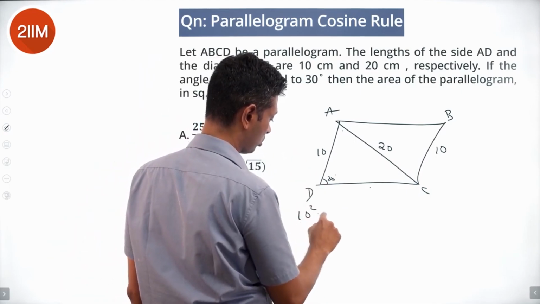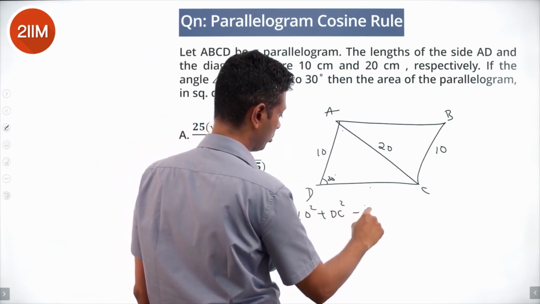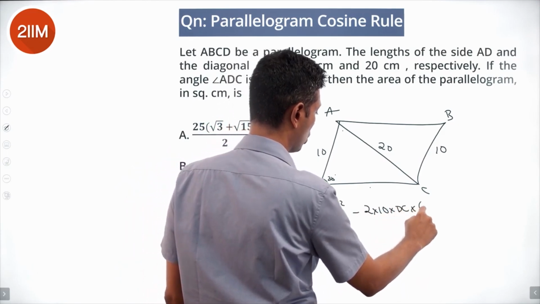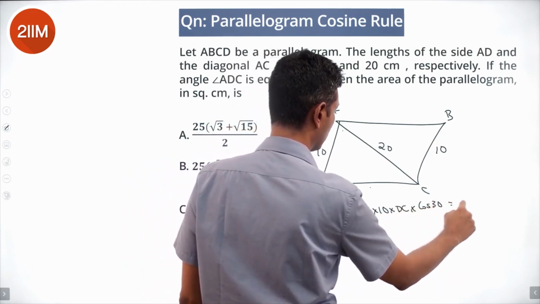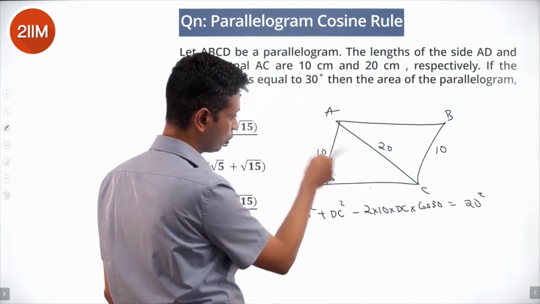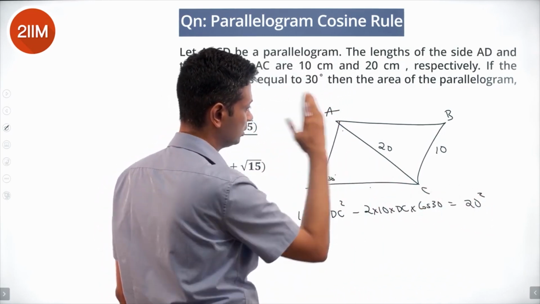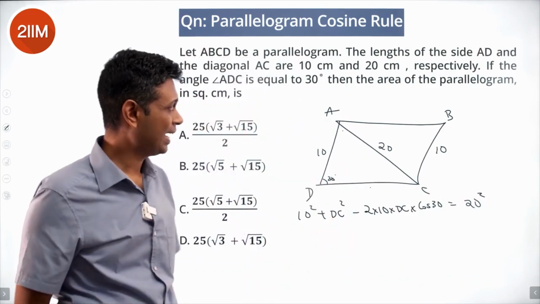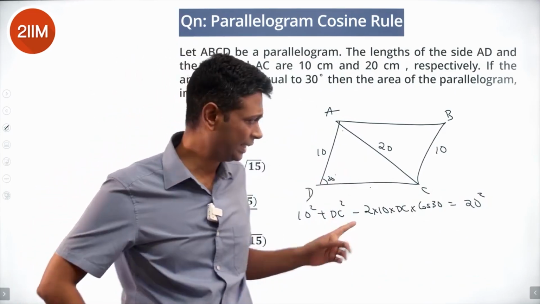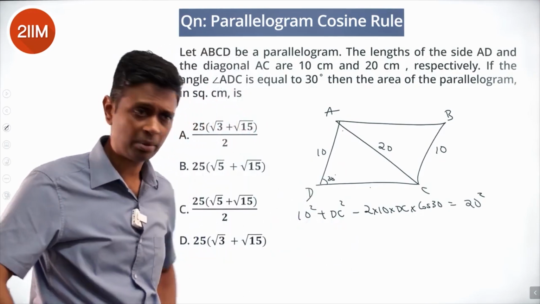10 square plus DC square minus 2 into 10 into DC into cos 30 equals 20 square. This square plus this square minus 2 into product of these two into cos of this angle is that square. Cosine rule: a square plus b square minus 2ab cos C is equal to c square. We're plugging that in. Cos 30 is root 3 by 2.